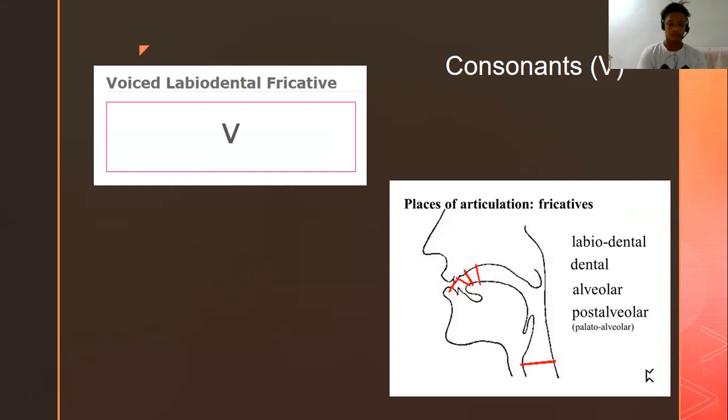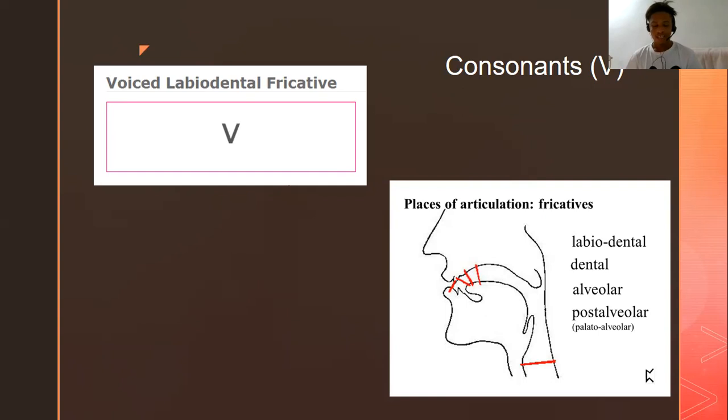This is the other consonant that I chose. It is the voiced labiodental fricative. The consonant is V, and the correct pronunciation is in a word like "ABBA".